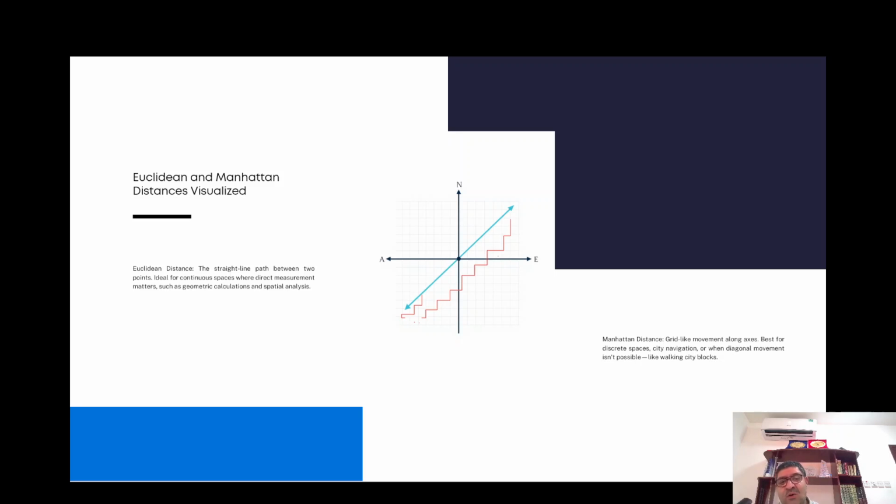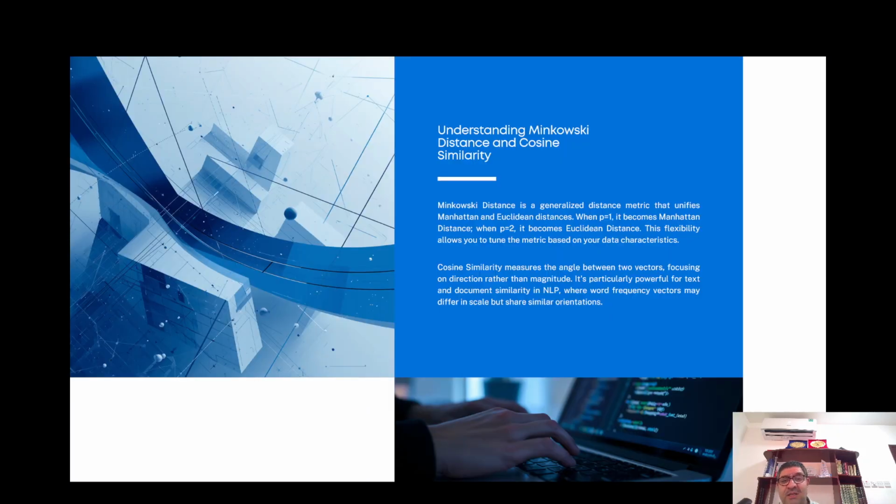It is not an open space or a straight path, a continuous space where we can have distance calculated from point A to point B. Manhattan distance is normally used for application areas like street navigation, or walking between street blocks. So one is Euclidean, one is Manhattan. I hope that you have understood the difference. While with these two, Manhattan and Euclidean distance, we can have the unification of both of them.